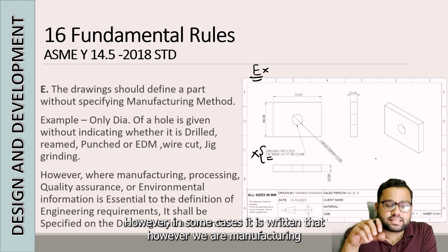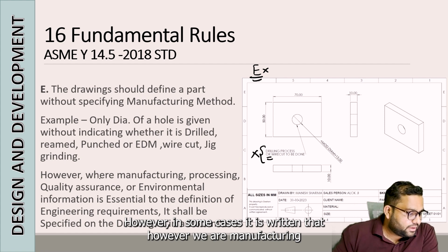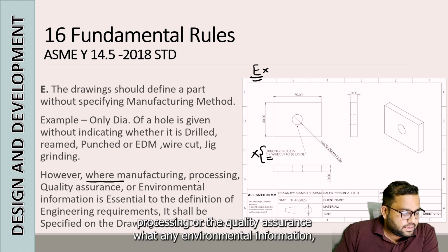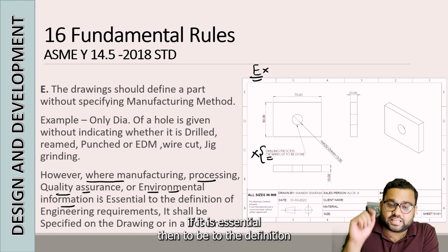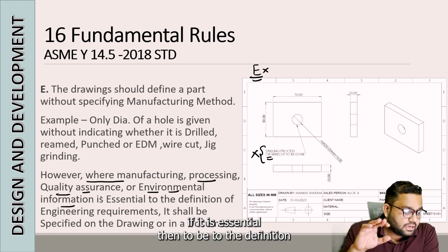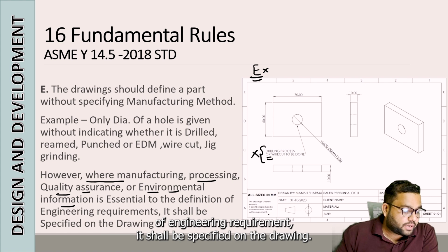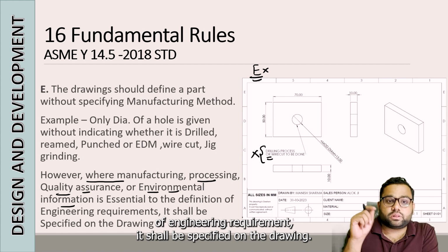However, in some cases it is written that where manufacturing, processing, quality assurance or any environmental information is essential to the definition of the engineering requirement, it shall be specified on the drawing.